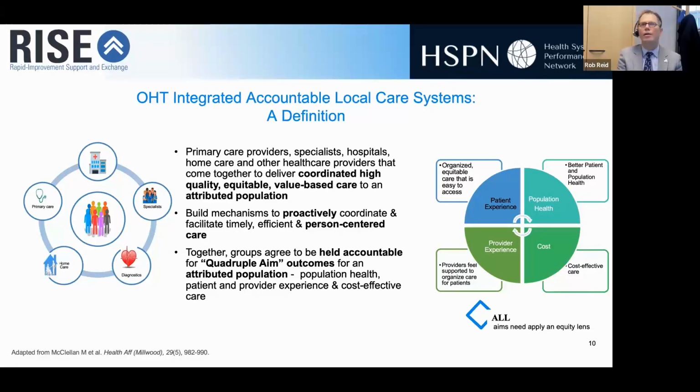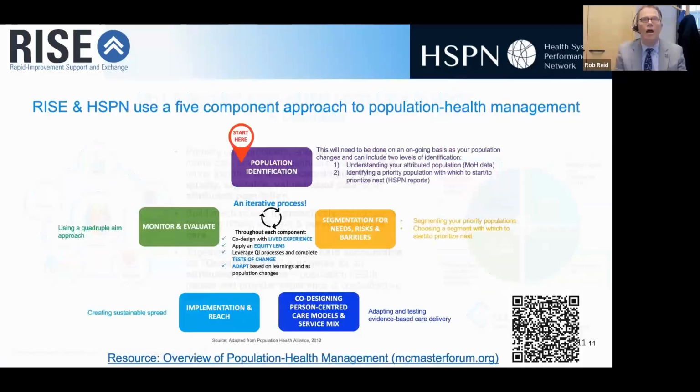And together they're held accountable for the quadruple aims for their attributed population: population health, experiences of both the workforce as well as patients and families, and efficiencies, all with an equity lens.